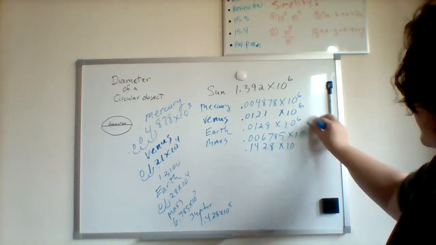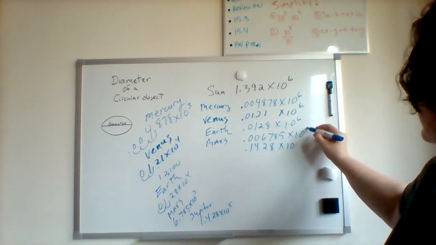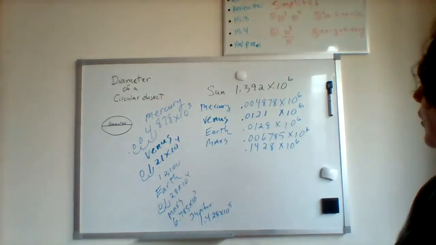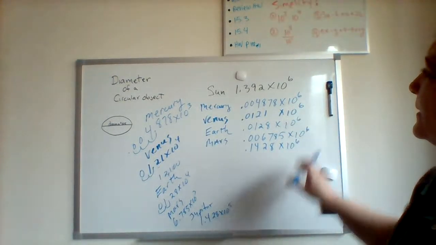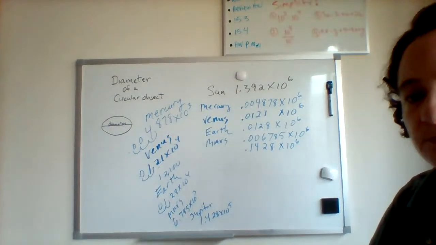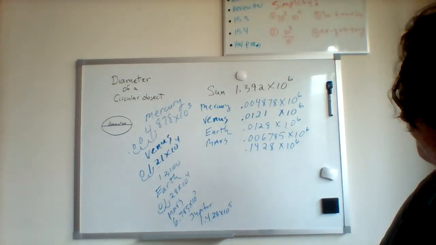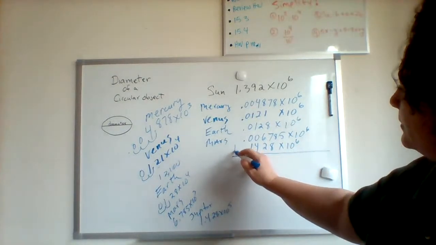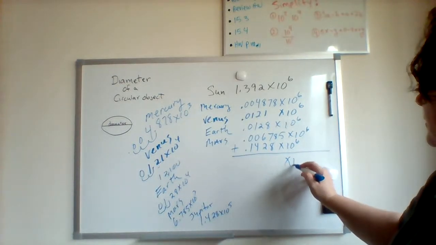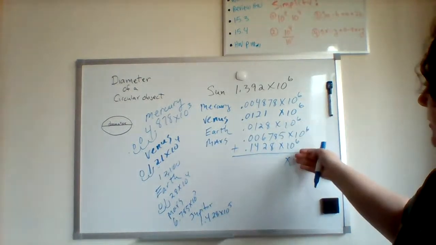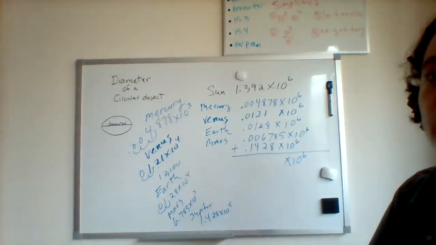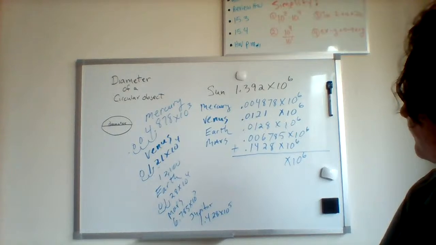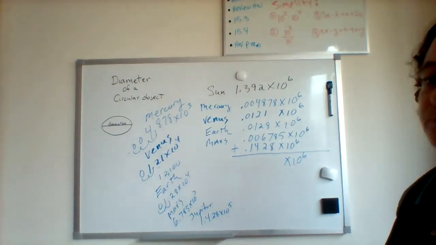Nobody told me to, or maybe you did and it's just lagging. The whole point was that all of these would be the same so that we can compare it to the sun. If you add all of that up, okay, you're not adding that up, you're adding all of the coefficients or numerical factors. What do you get?